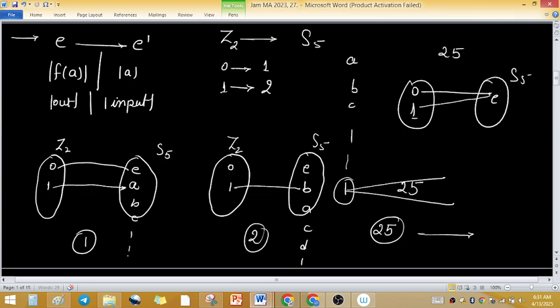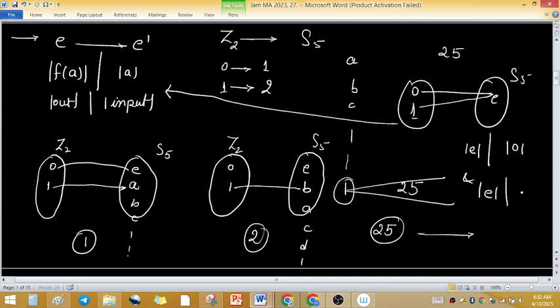This is the trivial homomorphism, and you can check that it satisfies the result that the order of the output always divides the order of the input. The order of 0 is 1, since 0 is the identity element, and the order of 1 is 2, and both map to the identity.